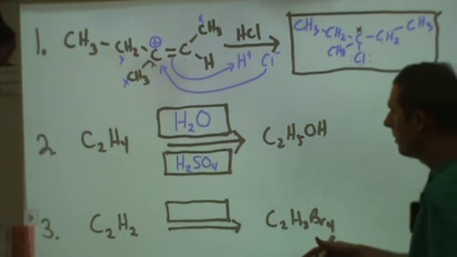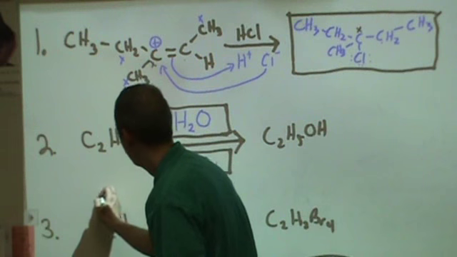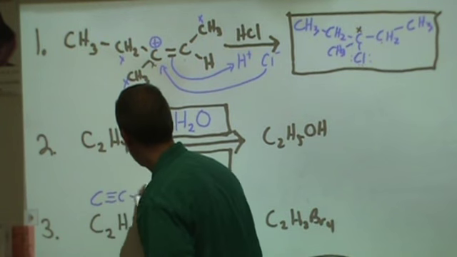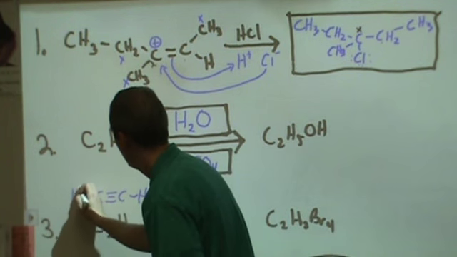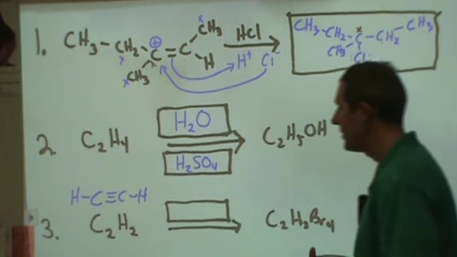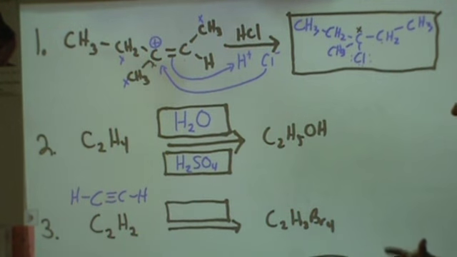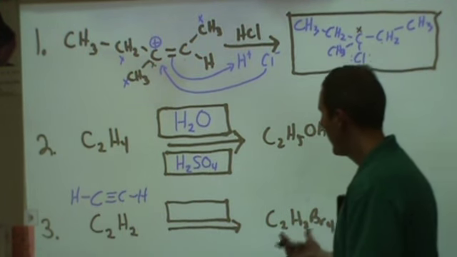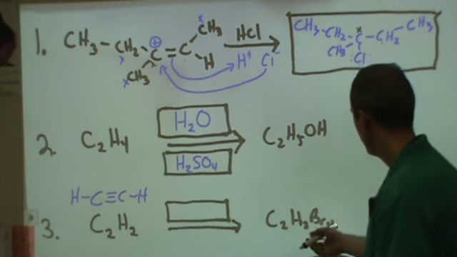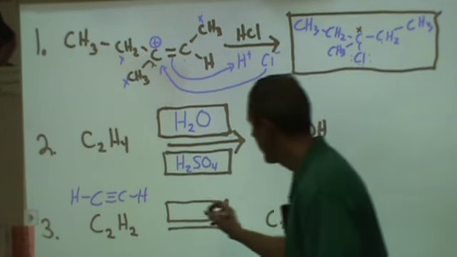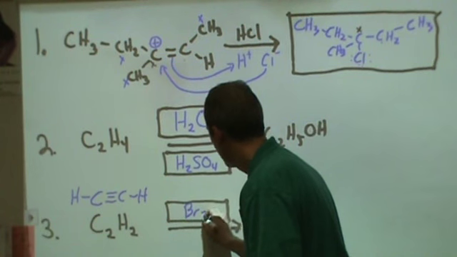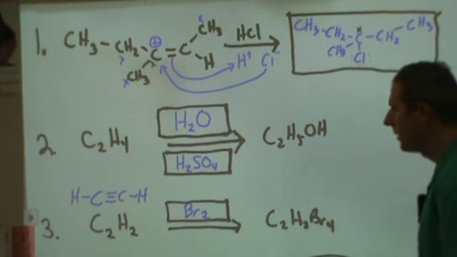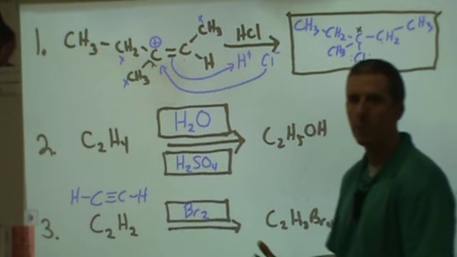Then the bottom one is acetylene. So I have a triple bond, and the same type of pi bonding, easy to break, and a strong source of electrons. It ends up with C2H2Br4, so all I'm going to do is add bromine. Now some of you might be worried about the numbers on this, but when I write bromine here, I don't mean a single molecule.